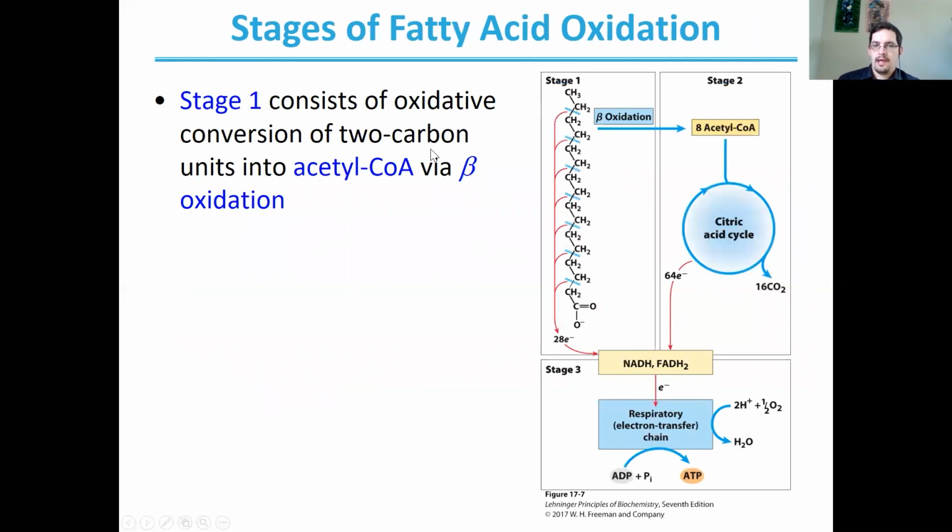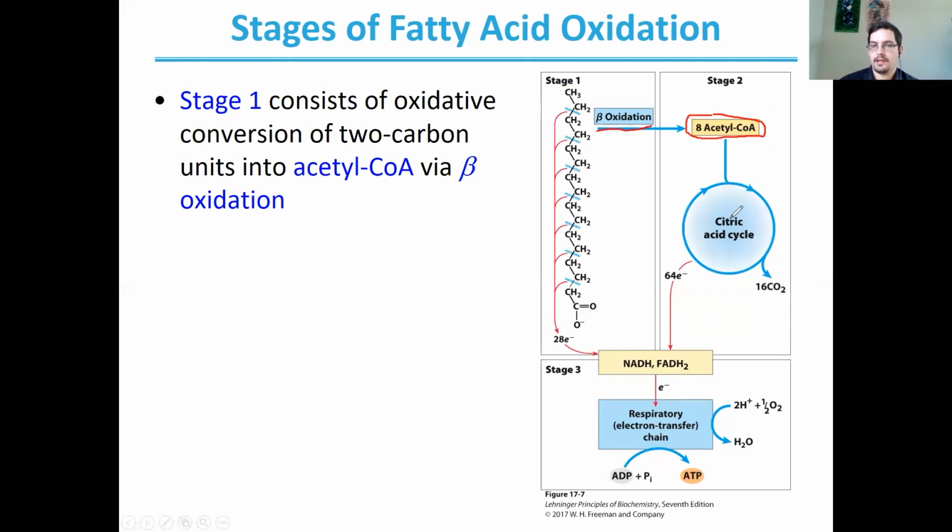Okay, so now we have our fatty acyl-CoA inside our mitochondria, and we're going to carry out what we call beta oxidation in order to produce our acetyl-CoA units. So we're going to start out from our fatty acid. We're going to oxidize it, which is going to produce our acetyl-CoA, and then we'll feed that into the citric acid cycle.